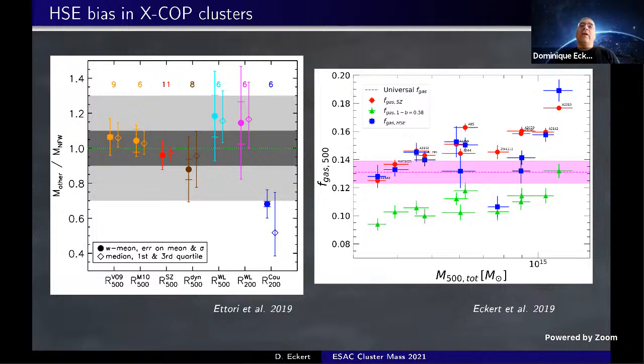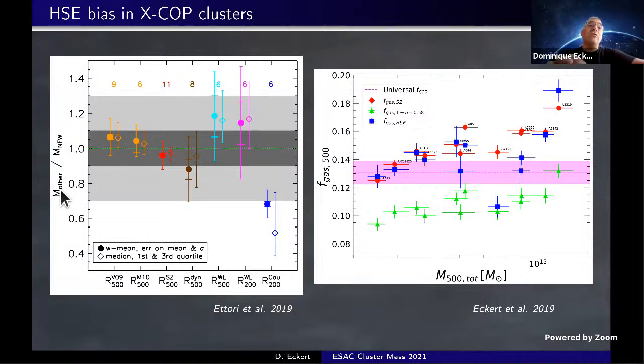Now, of course, what I need to address is the question of the hydrostatic equilibrium equation. Is it valid? What we've done on the left-hand side was to compare our masses obtained using the hydrostatic equilibrium equation to the ones we get from other methods. There are masses here from scaling relations, masses from Planck here in red, dynamical masses obtained from the velocity dispersion of galaxies here in green, weak lensing masses here, and caustic masses in blue.